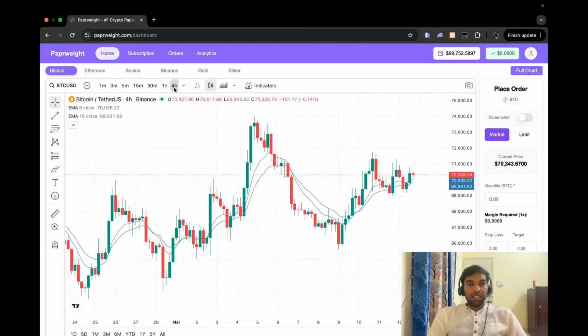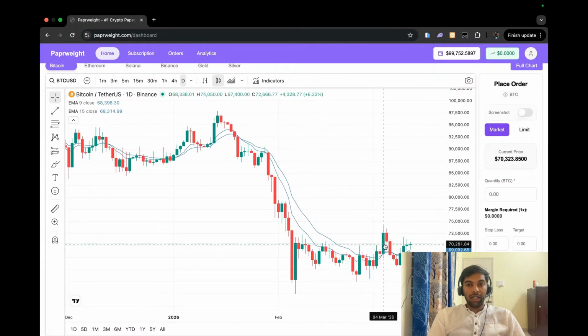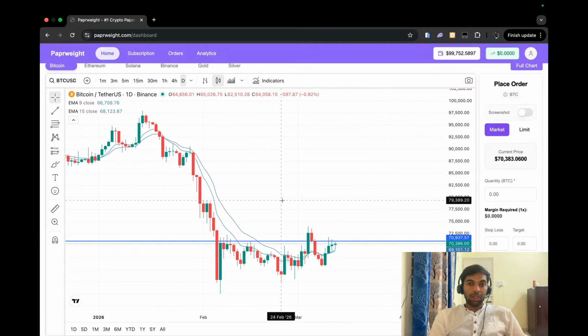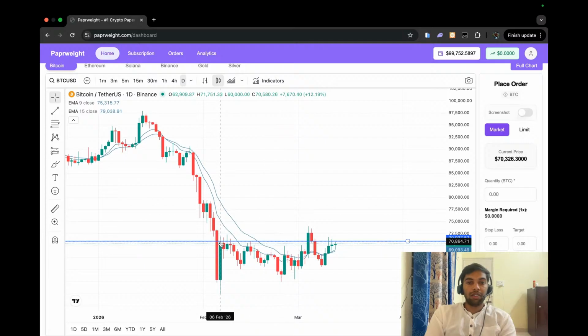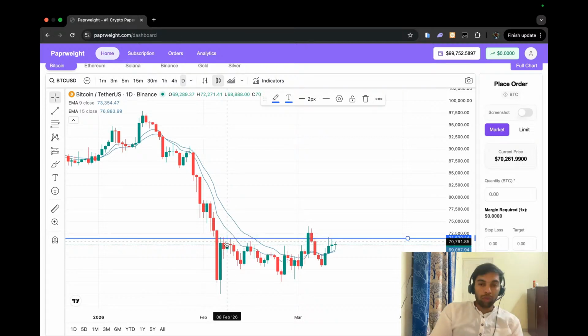Okay, so let's see what is happening at the daily time frame first. At the daily time frame, you can see the market is facing a rejection from this selling zone. This is the selling zone at the higher time frame, guys, and selling has been coming from this zone for quite some time.